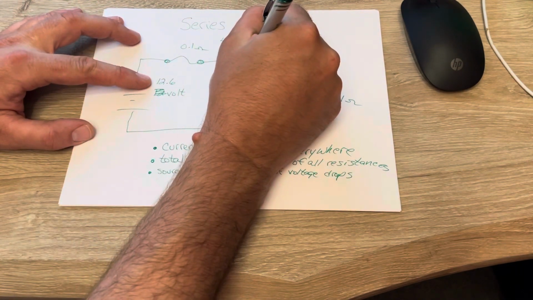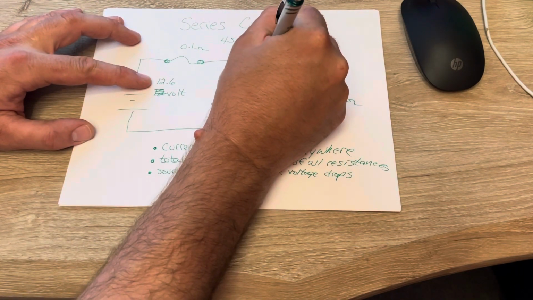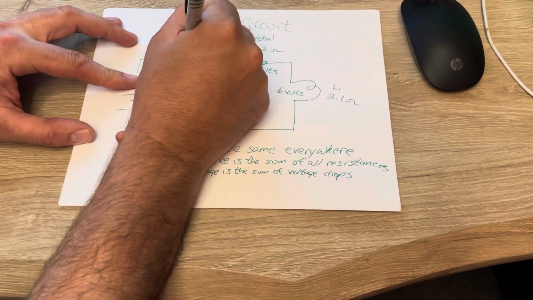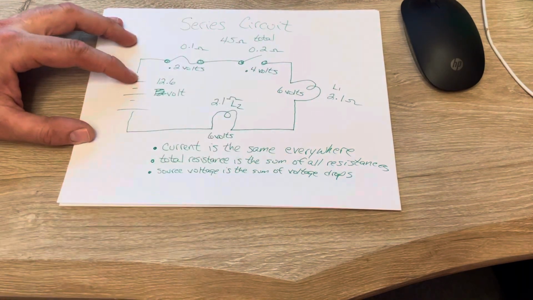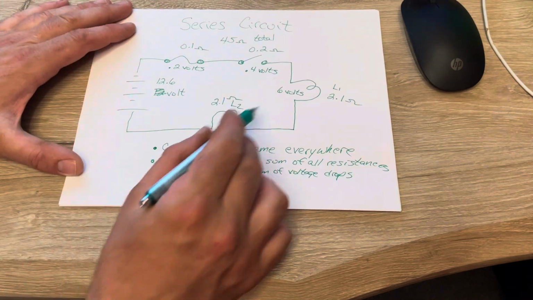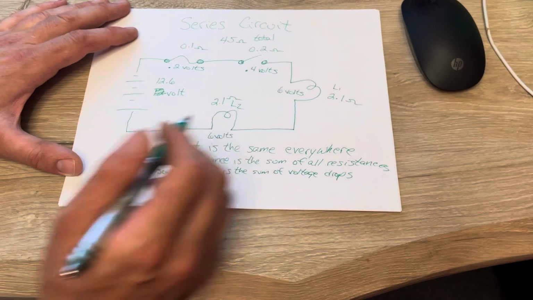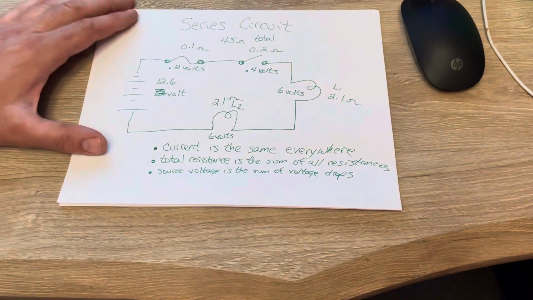So let's say we drop 0.4 volts across our switch and 0.2 volts across our fuse. Then if we add them together, 6 plus 6 is 12, 12.4, 12.6 volts. Okay?